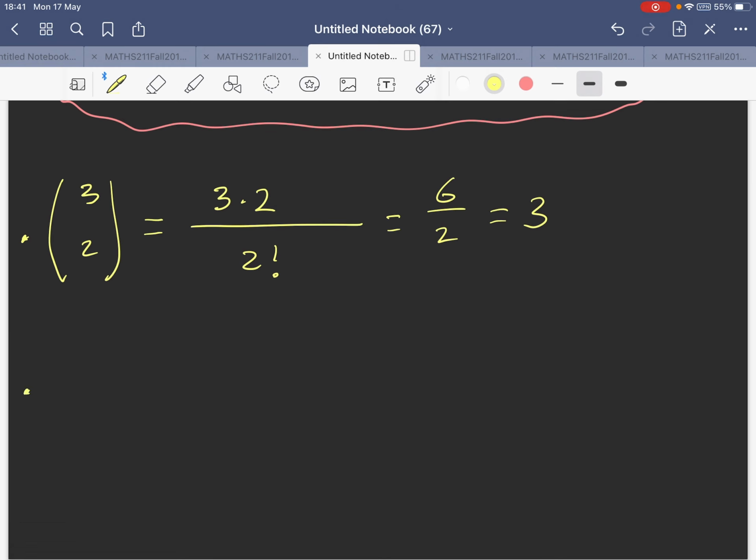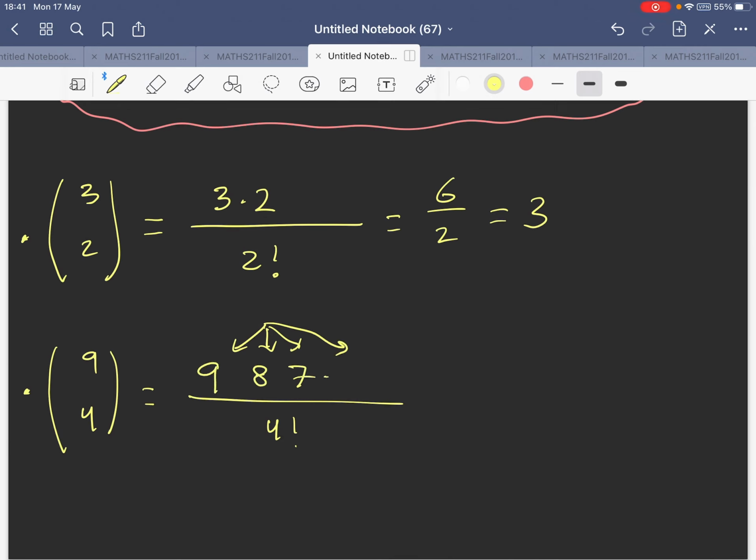Now, let me do another one. 9 choose 4. Same thing. Here we have 4 factorial, and here you need 4 terms, starting from 9 and going down. So 9 times 8 times 7 times 6. Whatever the number is, do it in your calculator, and that's the answer. Now let me do maybe 1 over 2, choose 5.